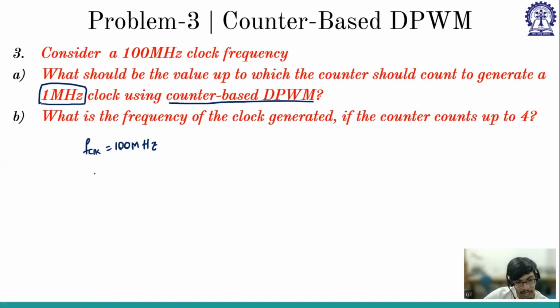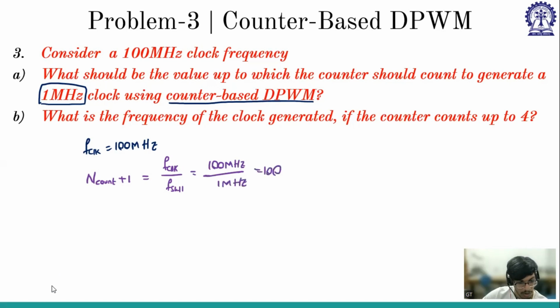How can I get this? 100 megahertz by 1 megahertz. Actually, n count plus 1 is F clock by this frequency, say FSW1. So it is 100 megahertz by 1 megahertz, which is 100.